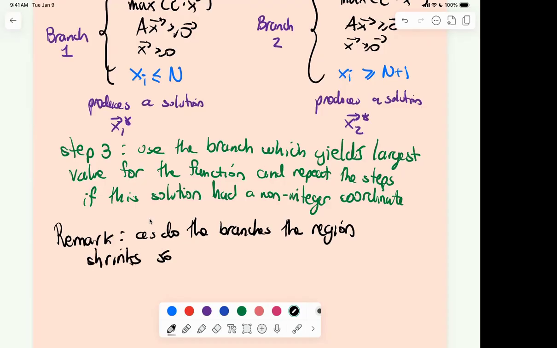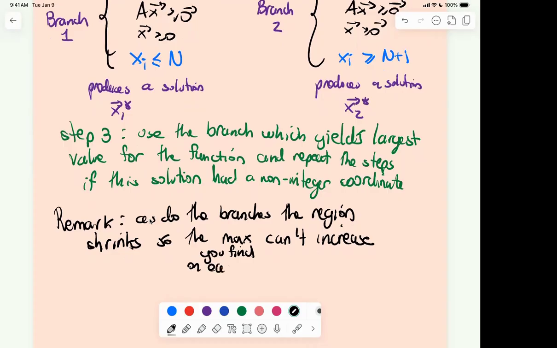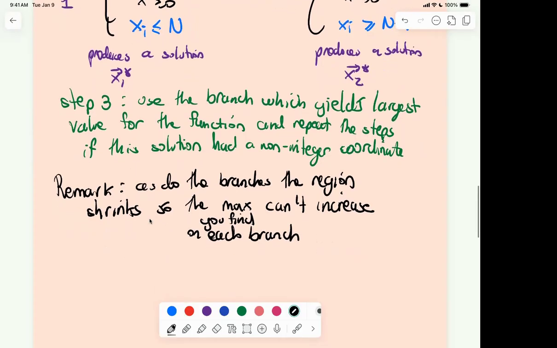So the max can never go up, right? So the max can't increase. So the max you find on each branch can't increase. It only goes down, or remains the same.